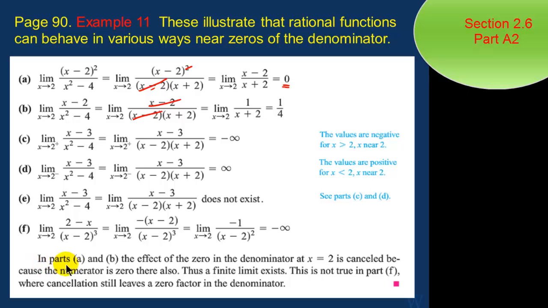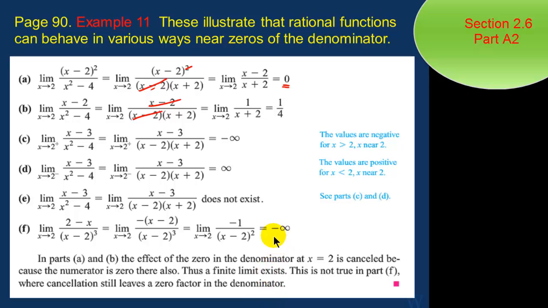Okay? So in parts A and B, the effect of the 0 in the denominator at x equal to 2 is cancelled, because the numerator is 0 also on the top, and that's why it's cancelled by the factor of (x - 2). Thus a finite limit exists. But this is not true in part F, where cancellation still leaves a 0 factor in the denominator.